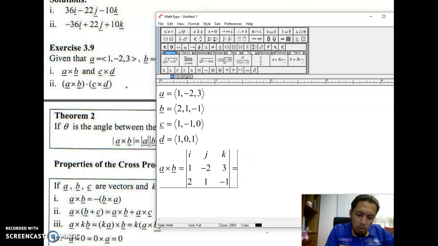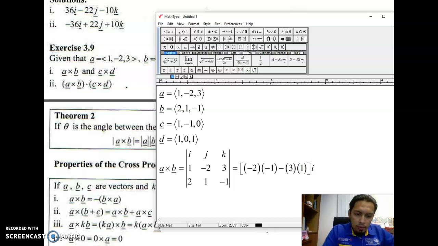So we have negative 2 times negative 1, minus 3 times 1.